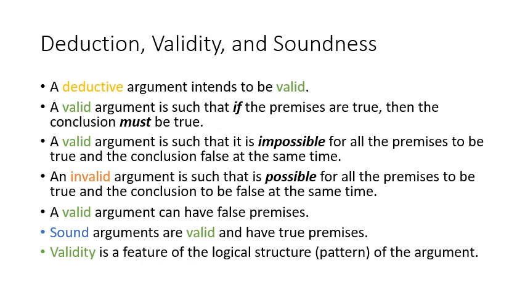And then finally, validity is typically a feature of the logical structure or pattern of the argument. So it's not necessarily about the content of the sentences, but rather the type of sentences you're dealing with, or the logical features of those sentences.